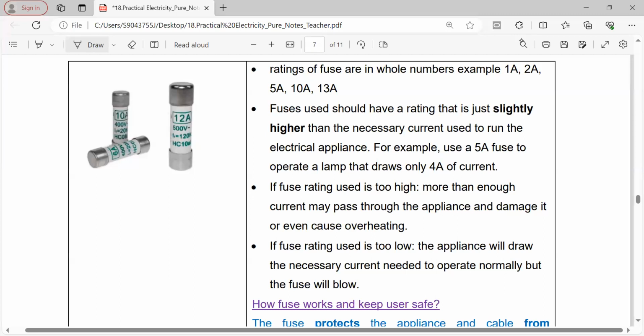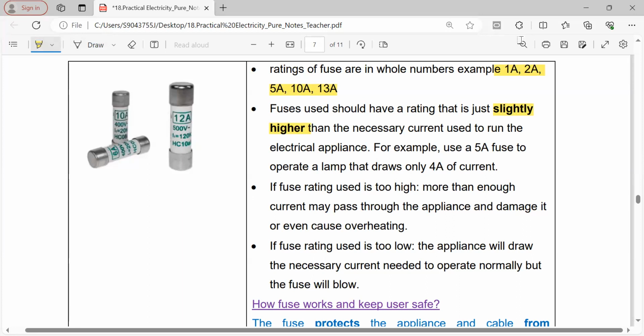So for fuses, they usually are manufactured in certain specific ratings. Okay, so how do you install a fuse? You usually use a fuse that is slightly higher than the necessary current.